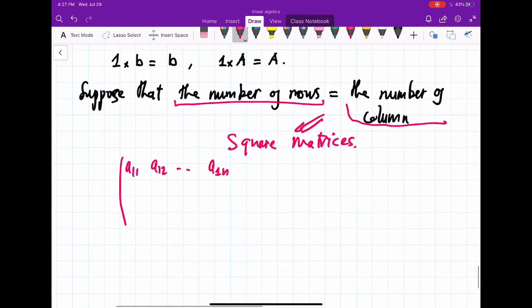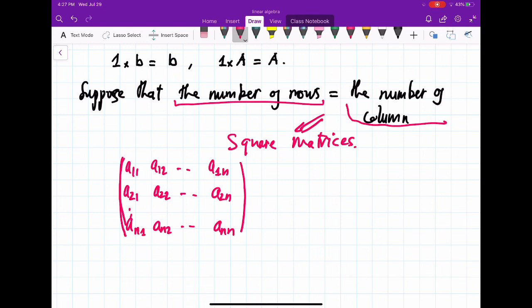That is general. A21, A22, and so on, A2n. And here is An1, An2, and so on, Ann. For square matrices, you have some diagonal in here: A11, A22, and so on, Ann, right?